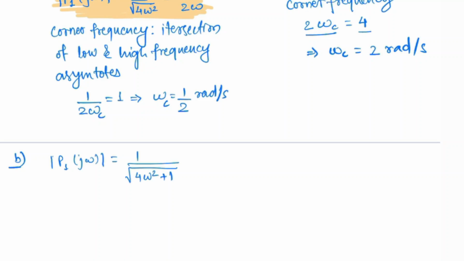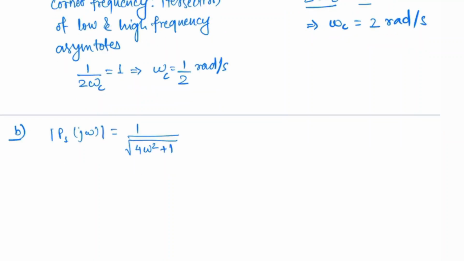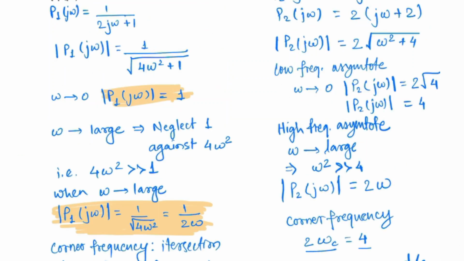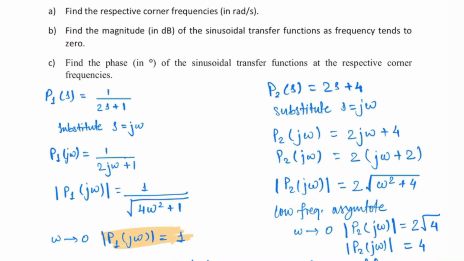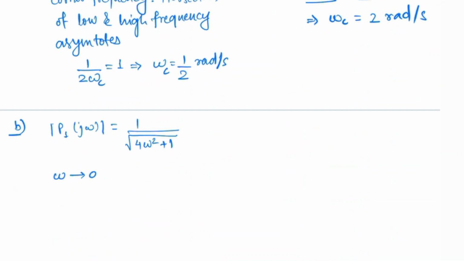For P1 of j omega, the magnitude is 1 over square root of 4 omega square plus 1. We want to find the magnitude of the sinusoidal transfer function as frequency tends to 0. So as omega tends to 0, this would be 1.